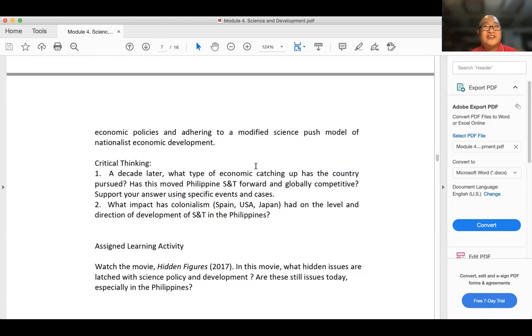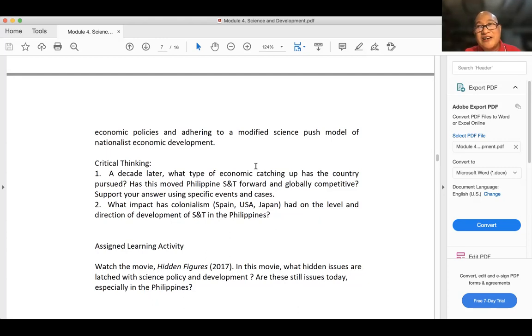Some of the important observations that some experts in STS and of course in economic development have said is that the Philippines cannot adopt the model that was adopted by Singapore, Korea, Taiwan, and China around 35 years ago, because the technology environment we have now is very, very competitive, because these economies already have developed and are producing a lot of innovative commodities.